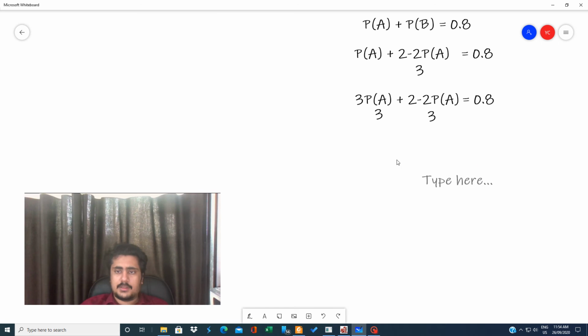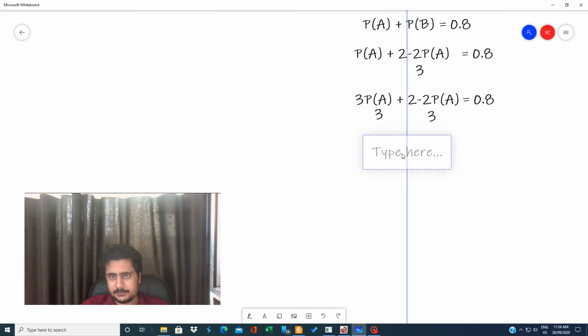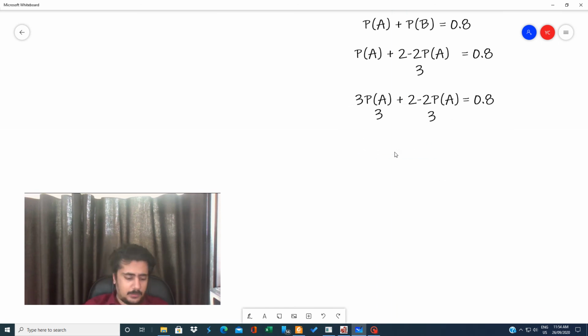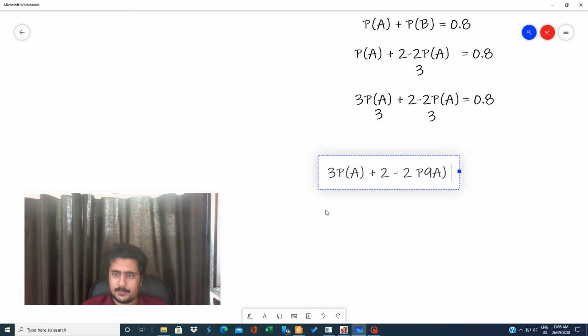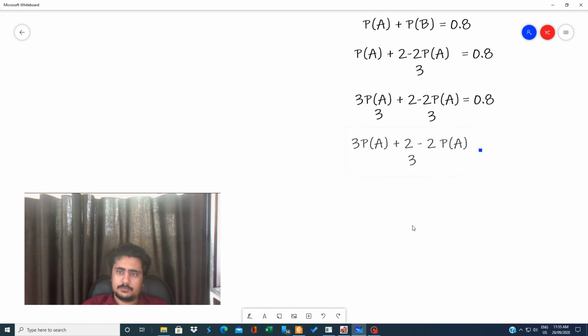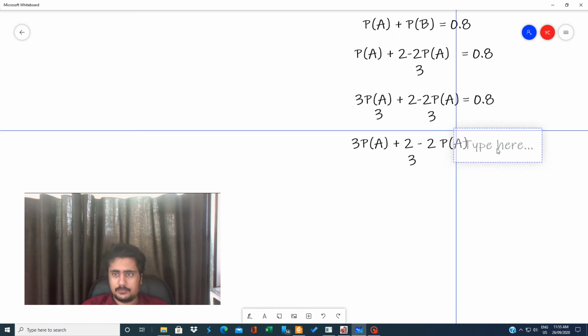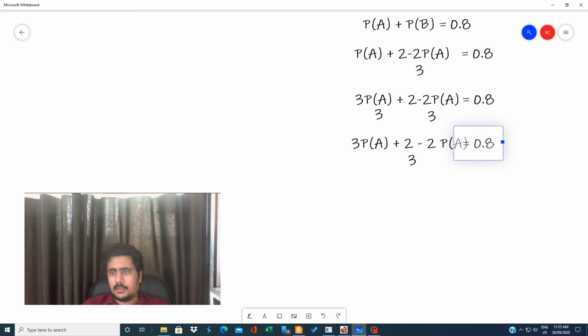Now let's take 3 as common. So (3P of A plus 2 minus 2P of A) upon 3 is equal to 0.8.